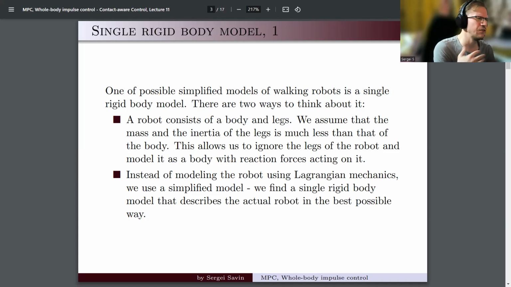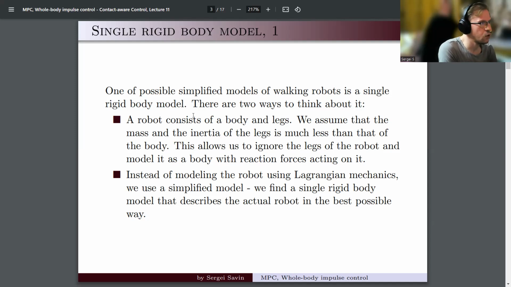You could say it also allows us to compute something like a trajectory for the center of mass, right? We were using the linear inverted pendulum, the linear spring-loaded inverted pendulum, right? Those models were very simplified. It's like a point mass instead of a robot. That is what we worked with.